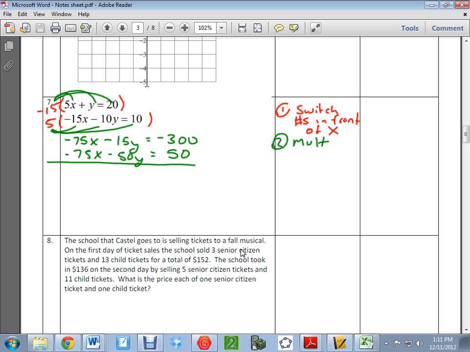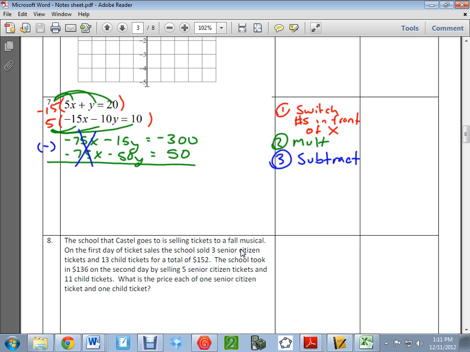Can anybody tell me what the next step for elimination was? To subtract the equations. Very good. So I'm going to subtract. When I subtract, make sure that we're paying attention to signs. Negative 75 minus negative 75, what happens? So they cancel. Negative 75 plus 75 is nothing.